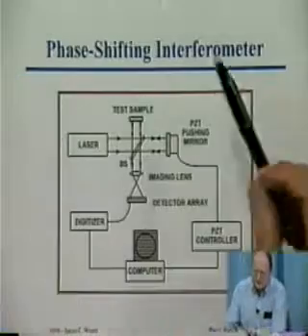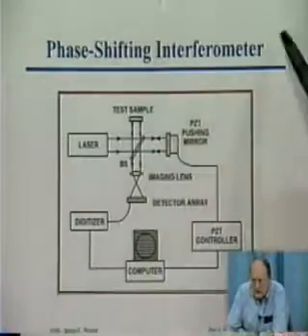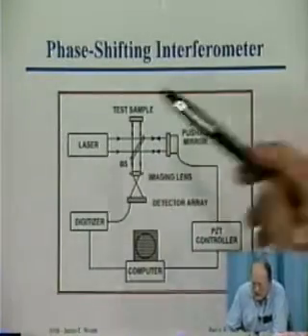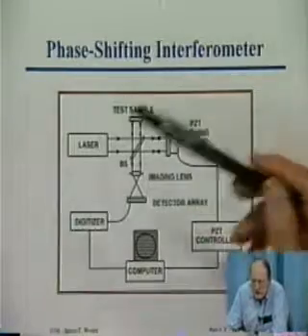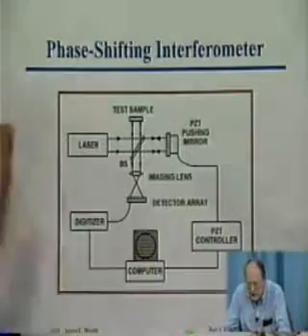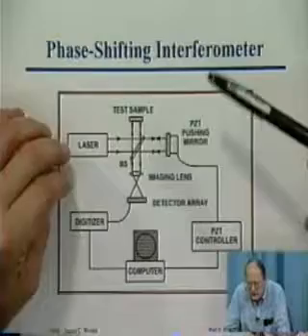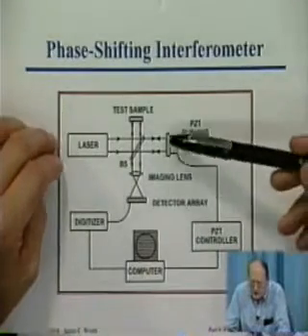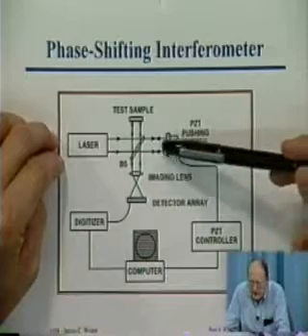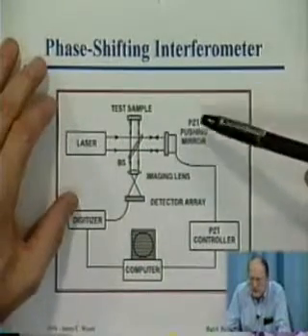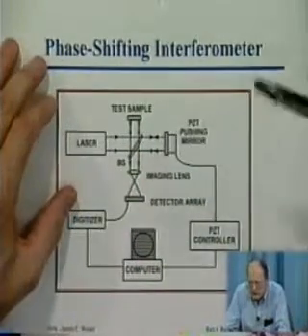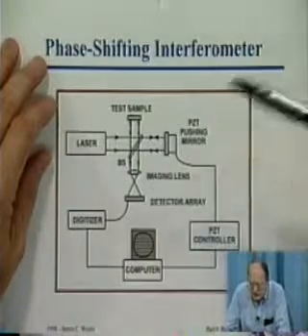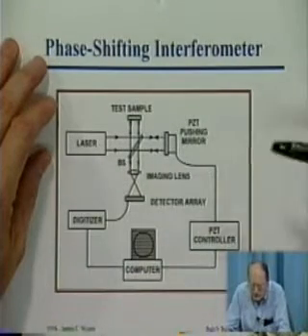So what we have here for a phase stepping or phase shifting interferometer, kind of a summary, is an interferometer, and I don't care what it is, any two-beam interferometer we've talked about works. And some way we have to cause a phase shift, and the most common way is mounting a mirror on a PZT. And then we have some detector array here.